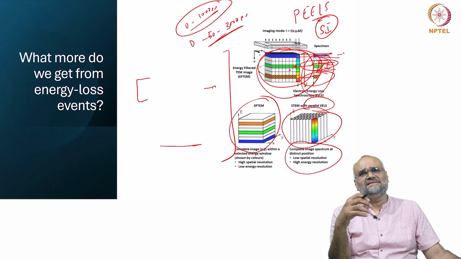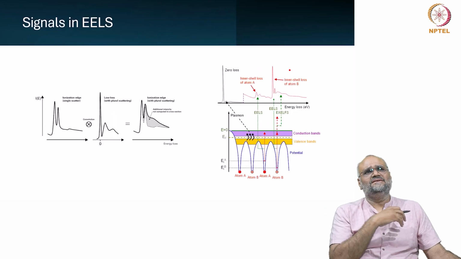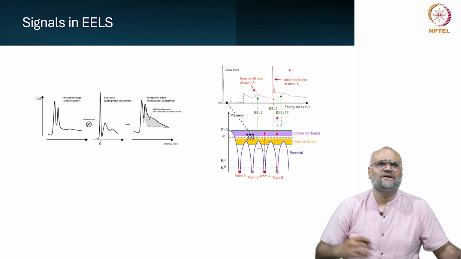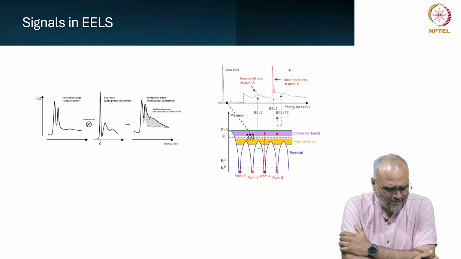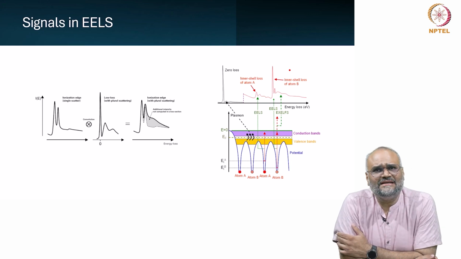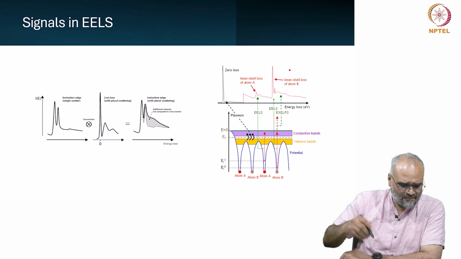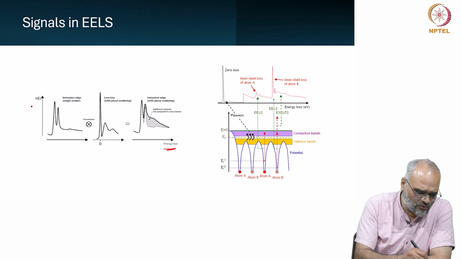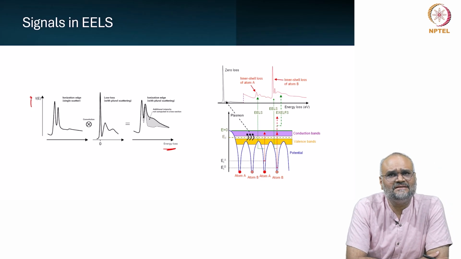So with this, if I look at how the signal looks when I disperse it through a spectrometer in an electron microscope, a typical EELS spectrum looks like this. On the x-axis, I have the energy loss, and on the y-axis, I have the intensity.